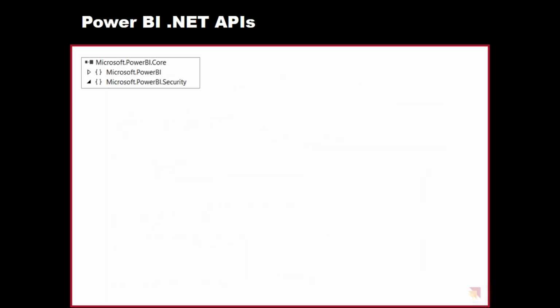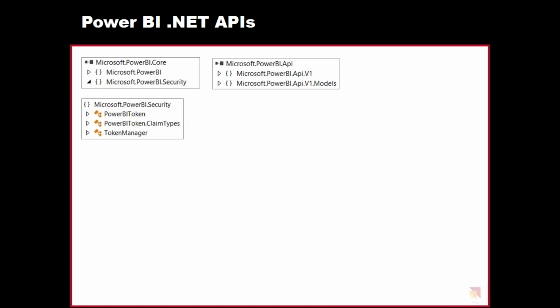Okay. Now, with these APIs, let's look at the core and the API first. When you look at Microsoft.PowerBI.Core, that's really nothing other than security management. So they have a Power BI token class, and we might use that directly, or that might be used behind the scenes. The things that we're going to program against are the types that we find inside of Microsoft.PowerBI.API.